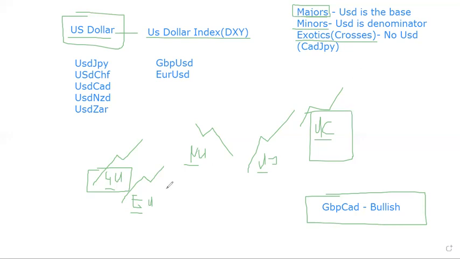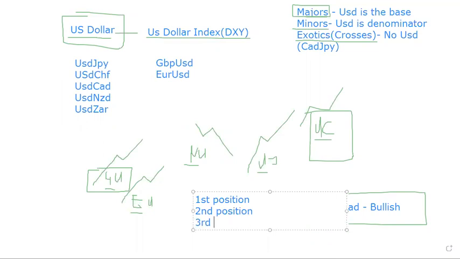Do a chart of the majors and try to rank them. So you have first position, second position, third position, then fourth position, and so on.